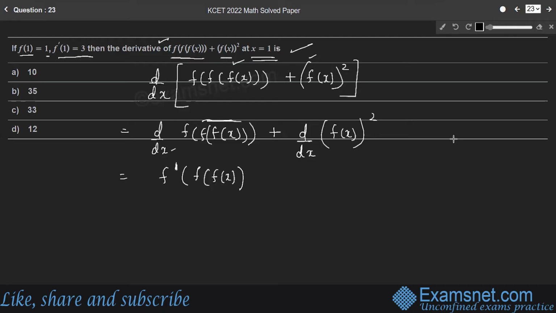So f dash of f of x into the derivative of the inside term, f dash x. So this becomes the derivative of the first term plus the derivative of the second term.